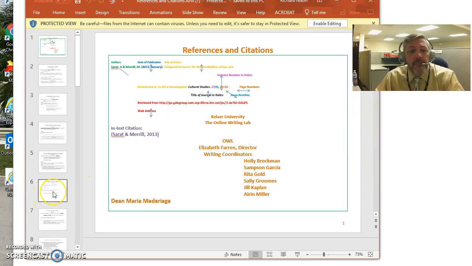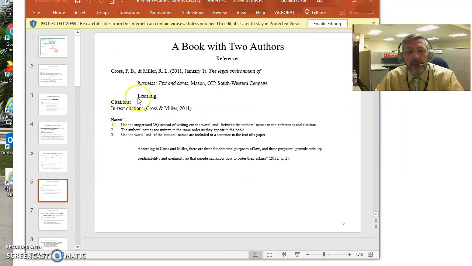So your textbook has 2 authors. If you go to slide 6, it tells you how to format the reference. And if you notice, the second line is indented by 5 spaces. That's how it should be for the reference.